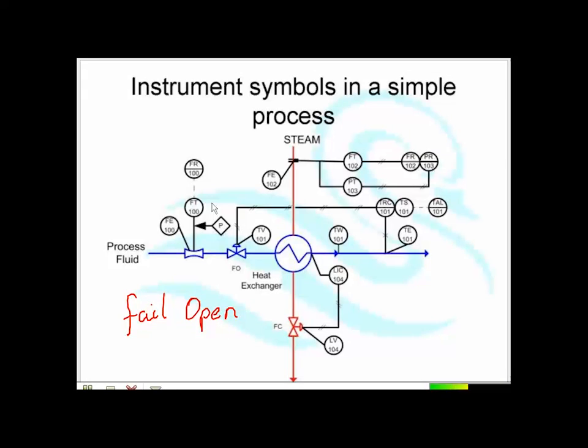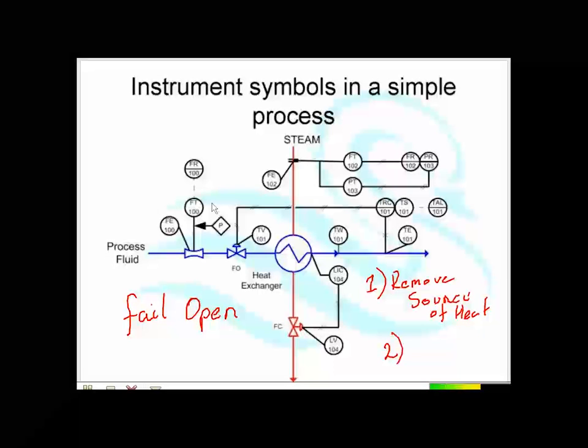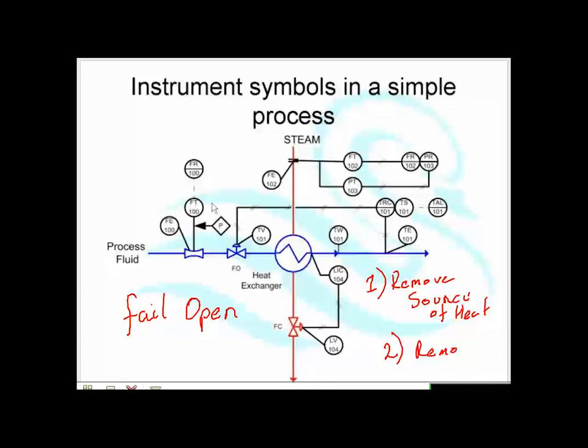In general, the rule we have with fail open and fail close is that we do two steps. The first step is remove the source of heat, and the second thing we do is remove the heat. So the first thing we would do is remove the source of the heat, and in this case the source of the heat is the steam.